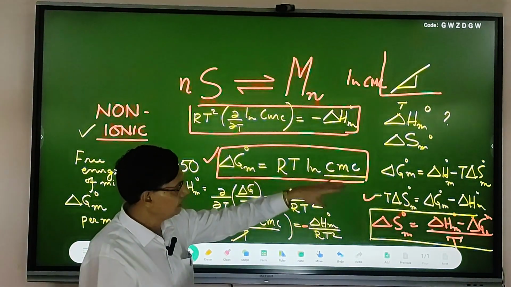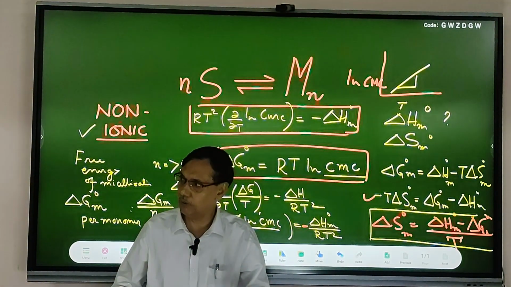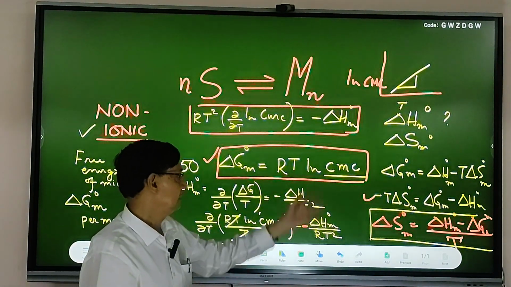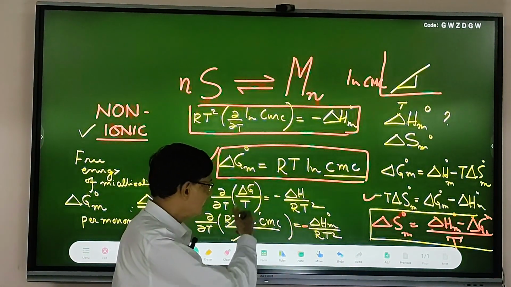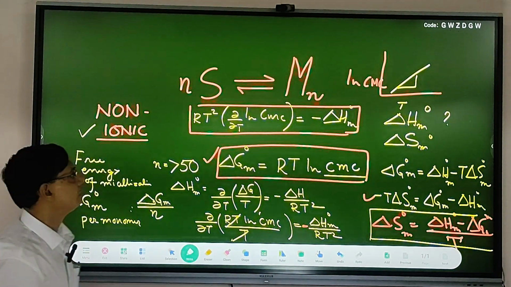Of course, all these values depend upon various factors. If you add some electrolyte or some solvent, naturally the values of these thermodynamic parameters may change.